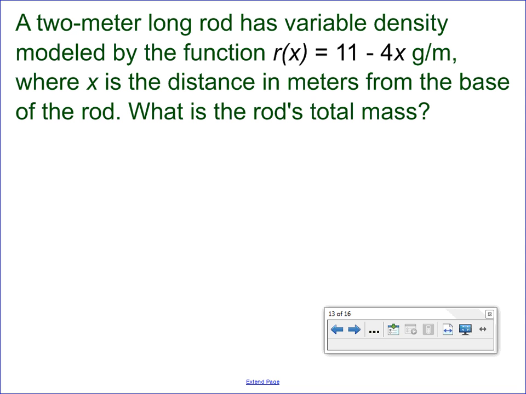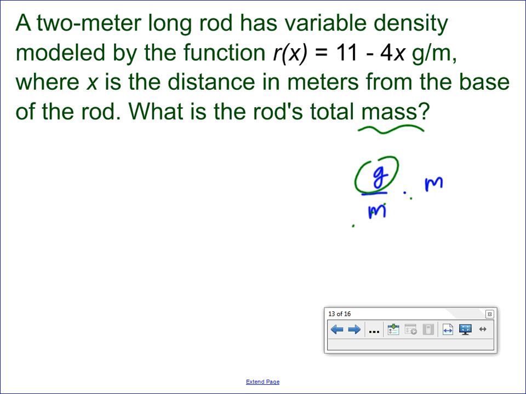Density here is measured in grams per meter, and x is the distance in meters, so if my independent variable x is meters, will the product of the integrand function times the independent variable result in a unit that makes sense? Yeah, that would give me grams, for mass.